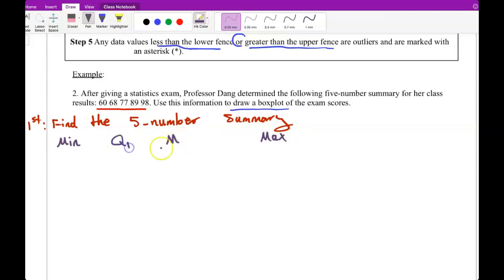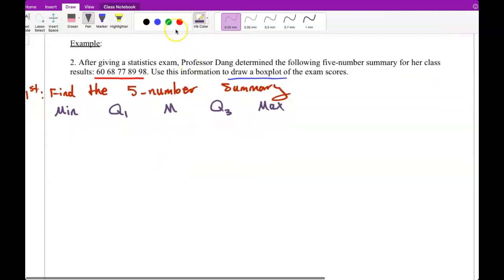Here we have Q1, and this is Q3. Okay, so minimum is 60. Max, these numbers are in order. Max is 98.